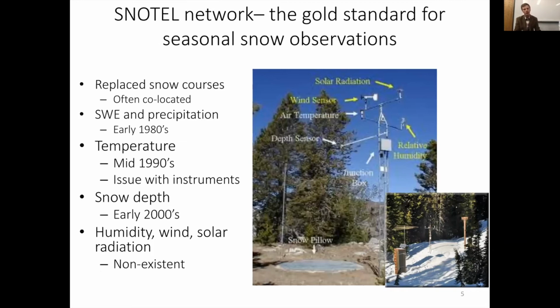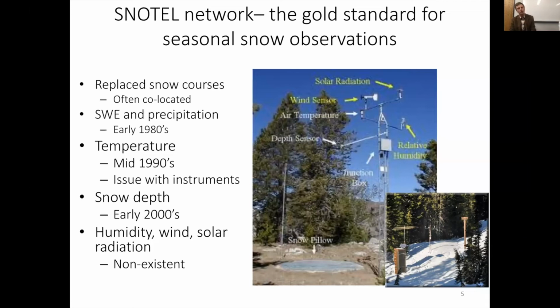And I'm going to talk about two other pieces that both really rely on the SNOTEL network. And my guess is most people on this call are very much familiar with the snow telemetry network, which is run by the Natural Resource Conservation Service. It sits mostly on old snow course locations that go back to the 30s, 40s, 50s.